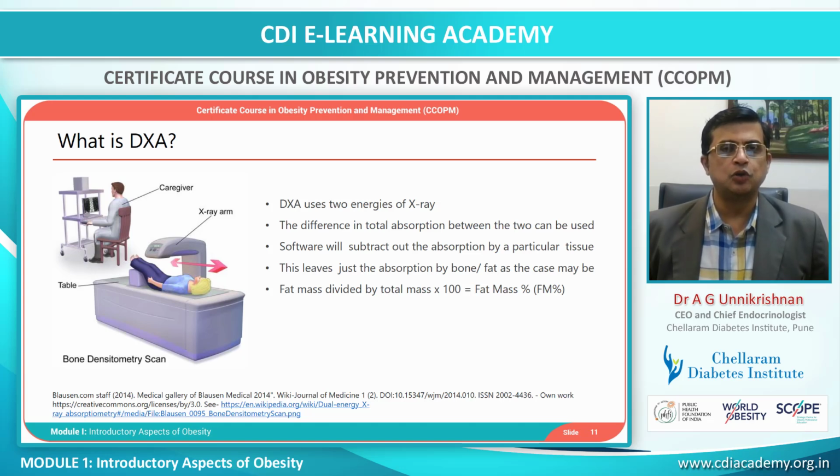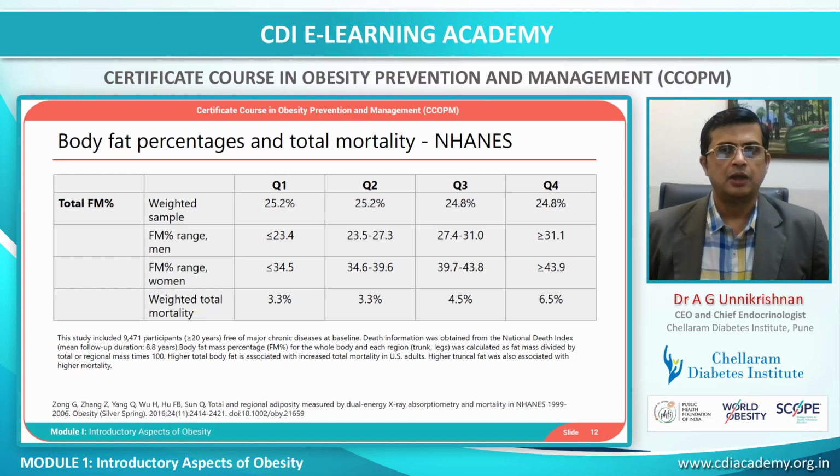That's very crucial to understand, the fat mass percentage, because as I said, a person may have a high BMI but may be muscular, and that person may actually have a low body fat mass percentage. So this is the enhanced data, the body fat mass percentages in total mortality.